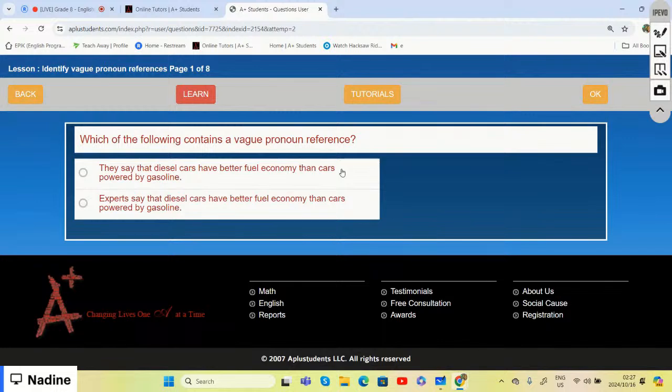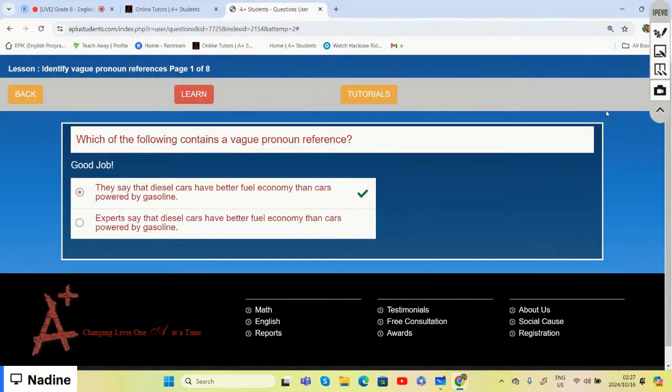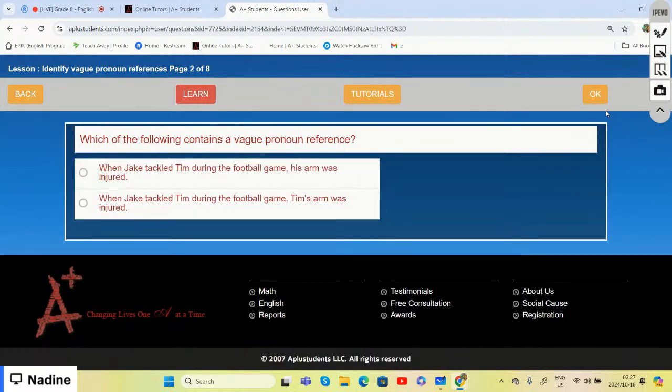And if we were to select the vague pronoun reference, we would choose option 1.